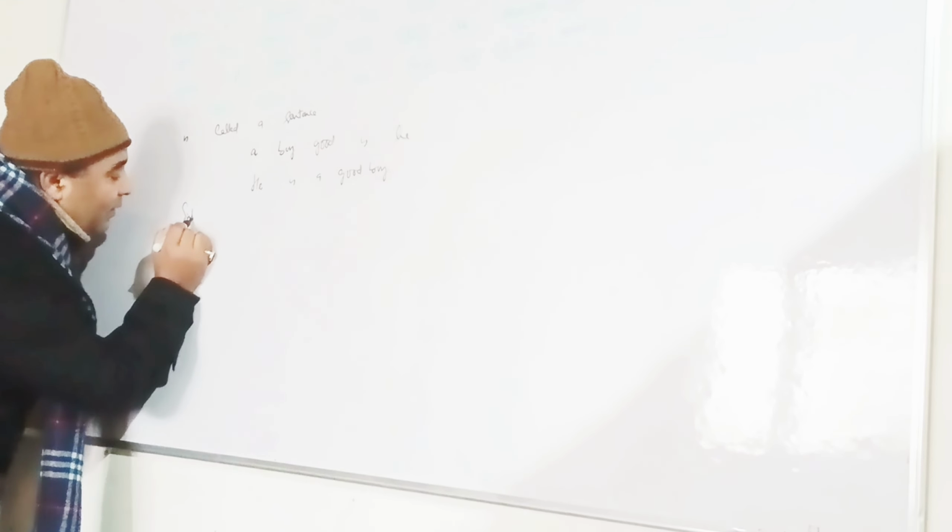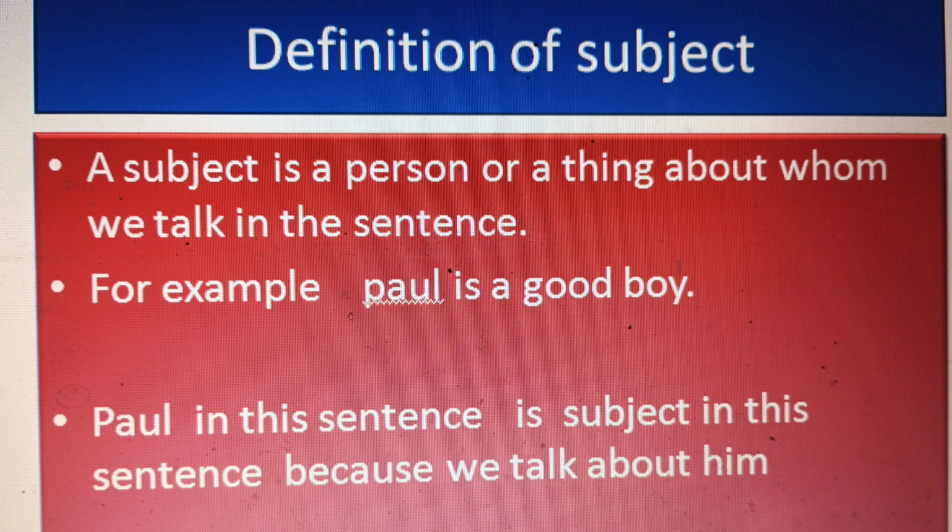Here, if you see, number one is what's called the subject. What is the subject? A subject, very important, you must remember, is a person or a thing about whom we talk in the sentence.